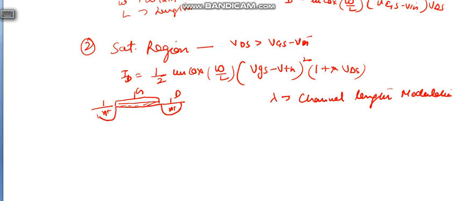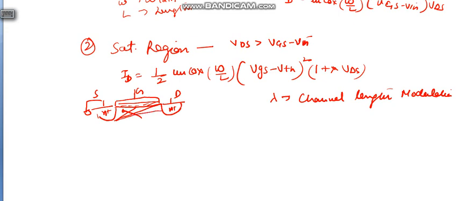As we are increasing our drain voltage, say this is source voltage, this is ground, and gate voltage is constant, our channel gets tapered basically. Initially when drain voltage is less, our channel is something like this.